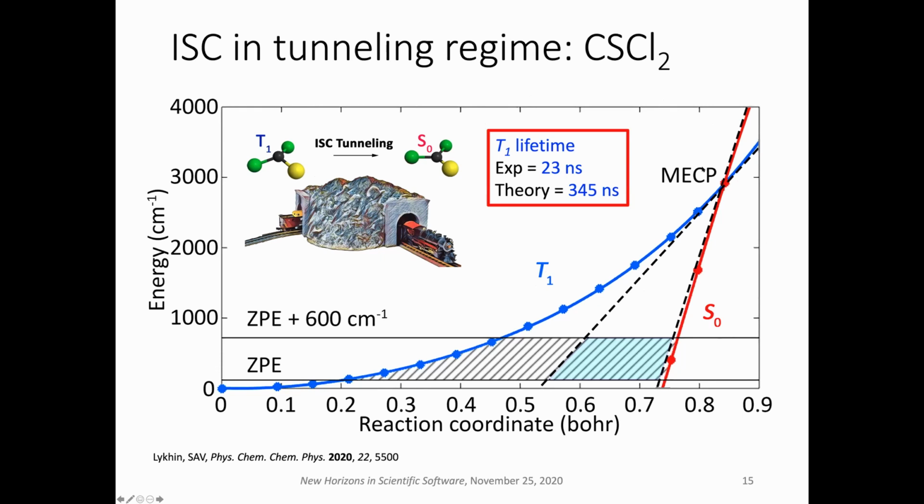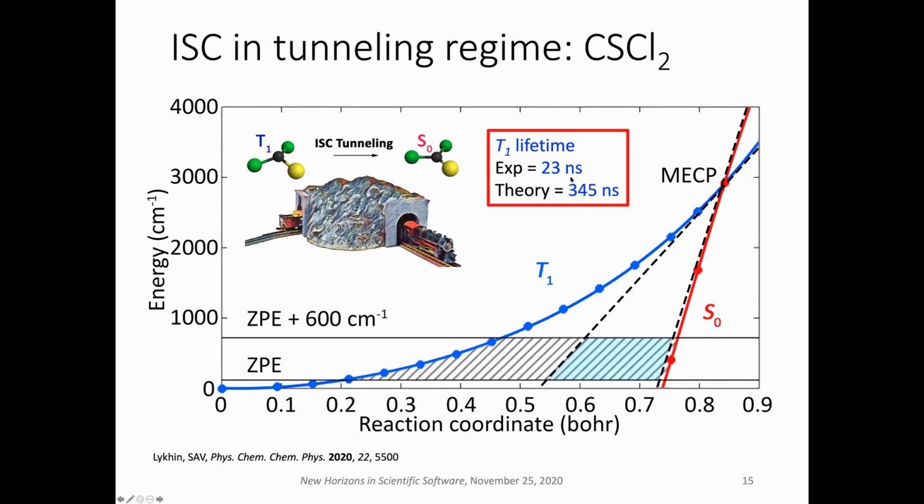This is a one-dimensional cross section. This is the MECP, and this line here, ZPE plus 600 wave numbers, indicates the energy available in the experiments. So the only way for the reaction to go from triplet to singlet is to tunnel through this shaded area, which is a barrier. Depending on how you approximate it, how you work with your transition state theory, statistical theory, you can get different widths of the channel of this tunneling barrier, and that affects the tunneling efficiency a lot.